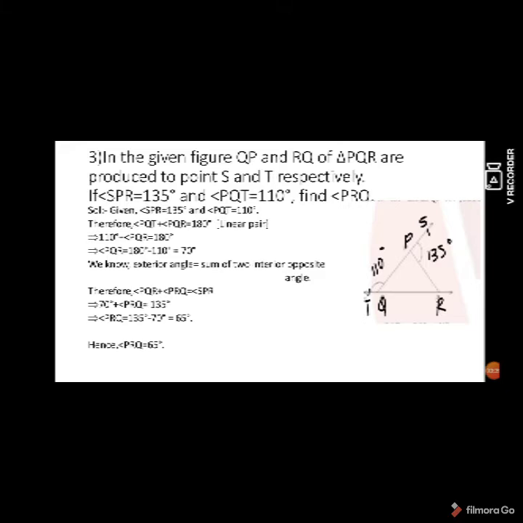The angle SPR is equal to 135 degrees and the angle PQT is equal to 110 degrees. We have to find angle PRQ, that means we have to find the marked angle. So given is angle SPR is equal to 135 degrees and PQT is equal to 110 degrees.